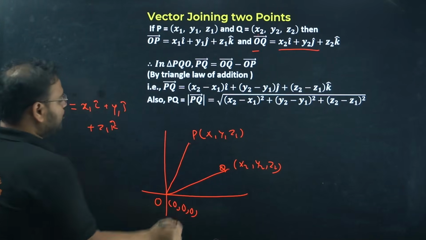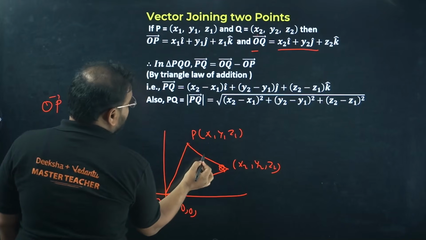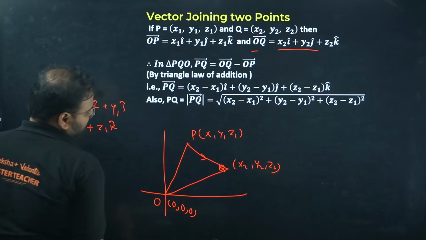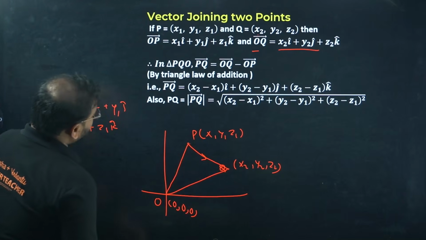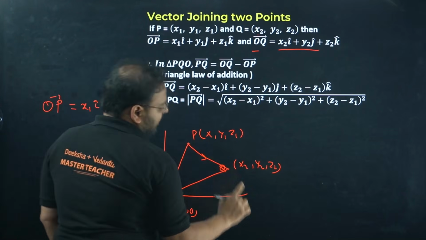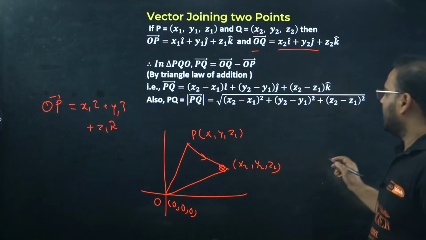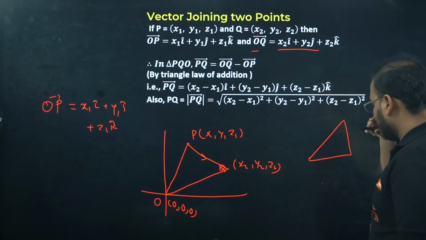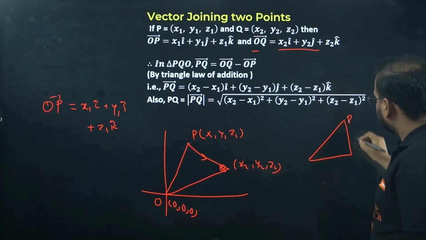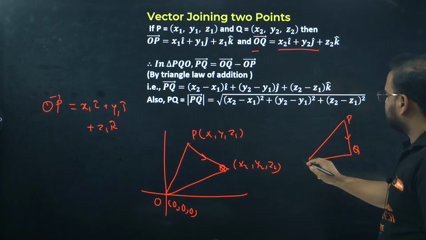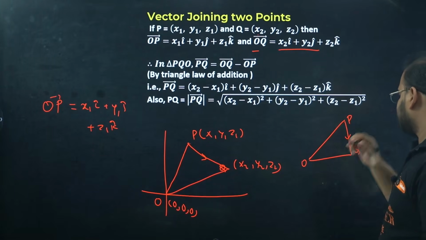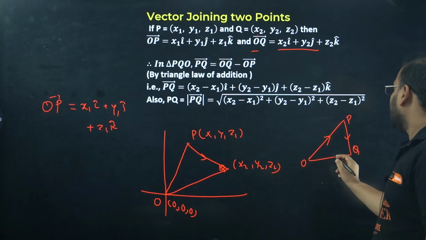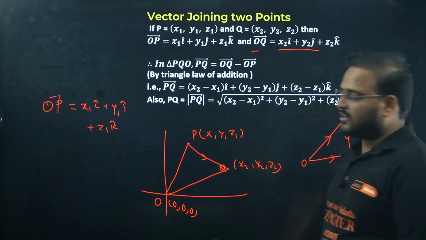Now, when writing the vector PQ, check here. If I draw the triangle again to show you the triangle law of addition, this is my vectors. I want to find the vector PQ, and let's say this is my O. I go like this because I want to use the triangle law, which means I have to go head to tail, and let's use this as my resulting vector OQ.